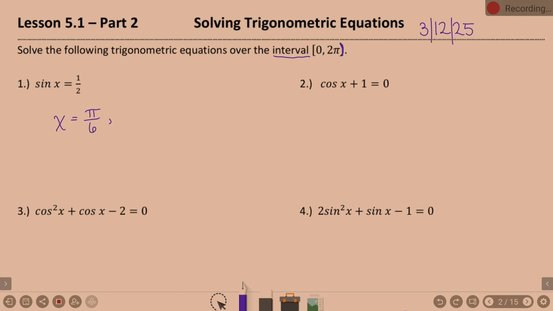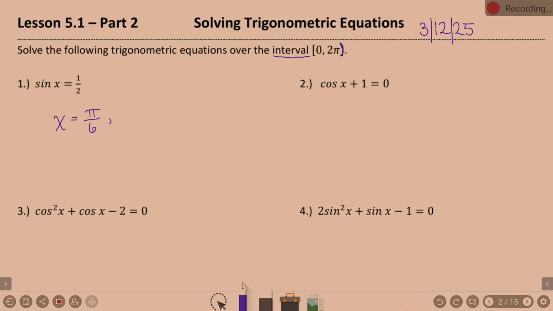As I said, we are going to eventually use our identities somewhat. We want to have those available, but we're not going there yet. So now, when else does sine equal positive 1/2?